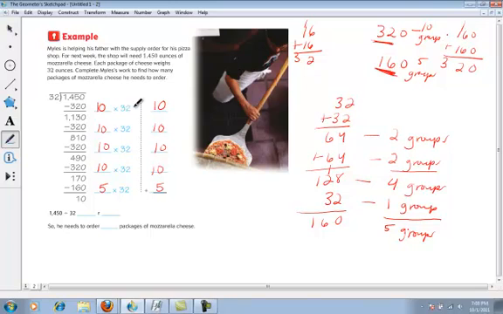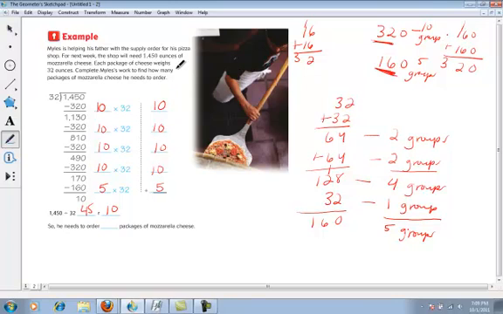Now it looks like we've used up almost all 1,450 ounces of cheese by putting them into groups. Now there's 10 ounces left over, and that's not enough to make another package of mozzarella cheese. So it looks like here that the quotient is going to be 10, 20, 30, 45, remainder 10.